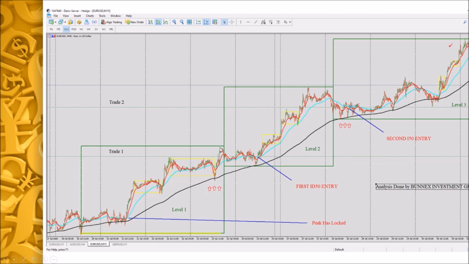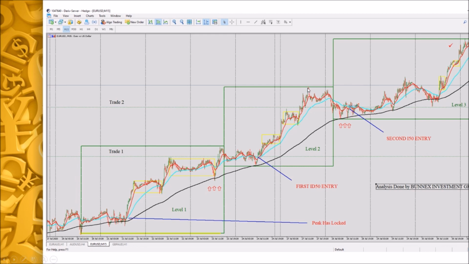So after level 1 completed, level 2 initiated, and it initiated on the 200 EMA, which is our ID 50. So this was the first ID 50 entry, and our confirmation is always candle closure above the 13 EMA. That is where we enter our trade.